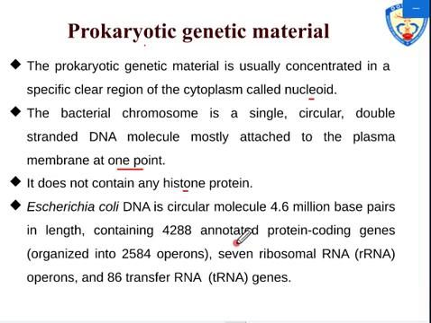So there are 4,288 annotated protein coding genes which are organized into 2,584 operons. There are 7 ribosomal RNA operons as well as 86 transfer RNA genes in the prokaryotic genetic material.